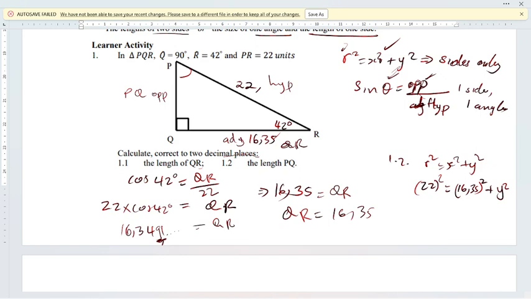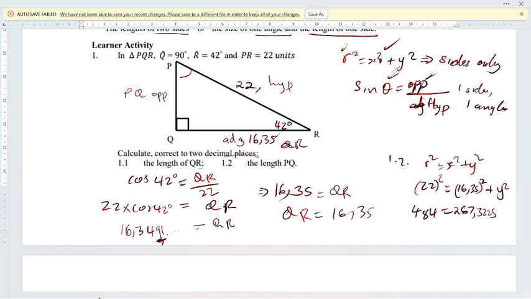Right now, what is 22 squared? 484. What is 16.35 squared? 267.325.